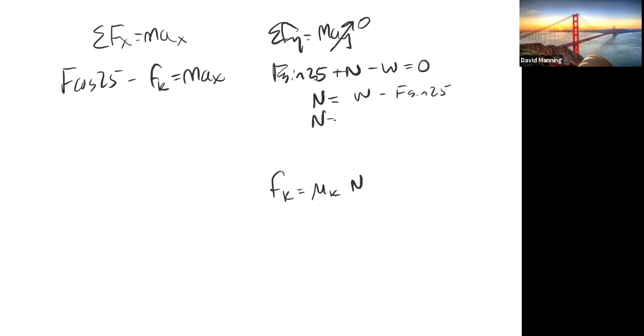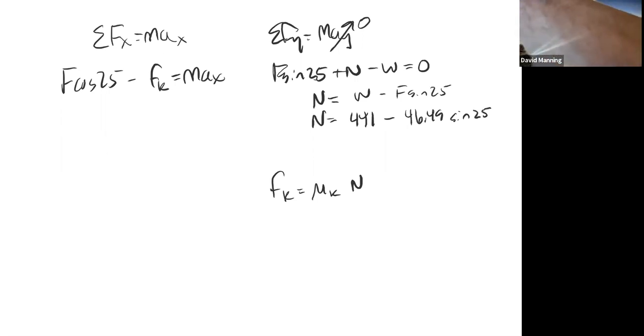N equals, let me get my numbers here, back from the old problem, 441 minus 46.49 sine of 25. That's 421.35.